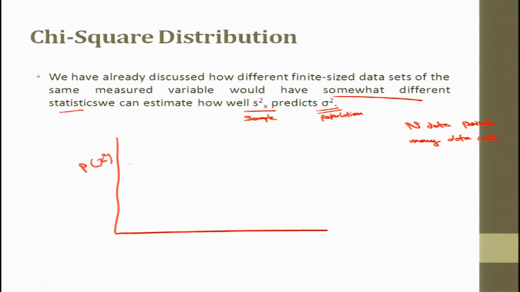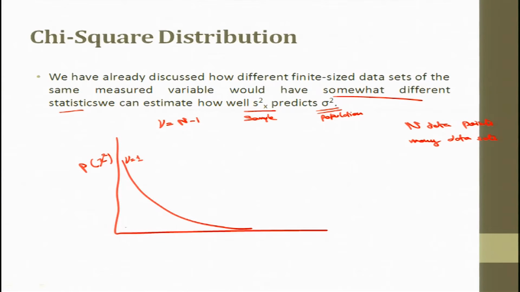Degrees of freedom is actually, when we have n data points in a data set, V is equal to n minus 1. When this n minus 1 value is 1, the distribution is somewhat like this. This is for V is equal to 1.